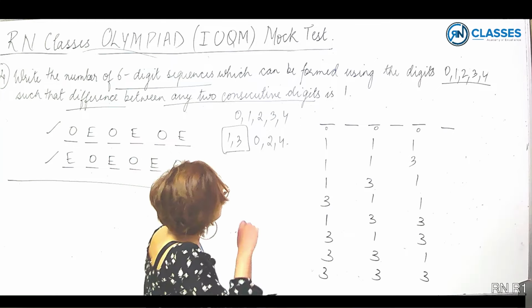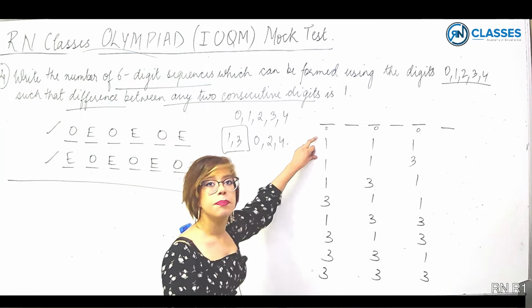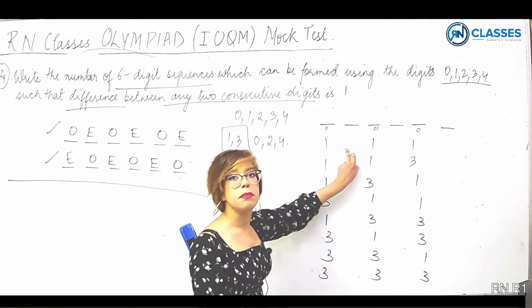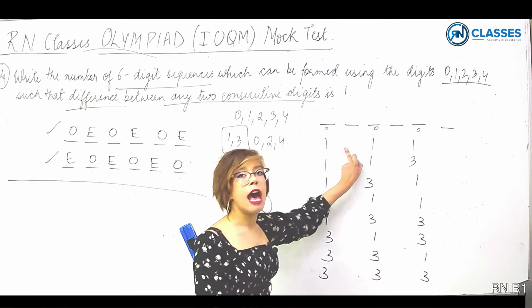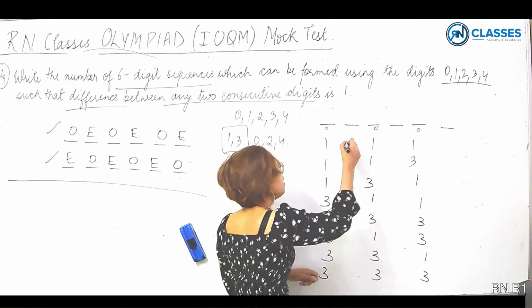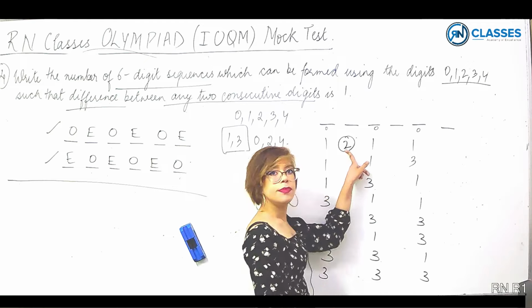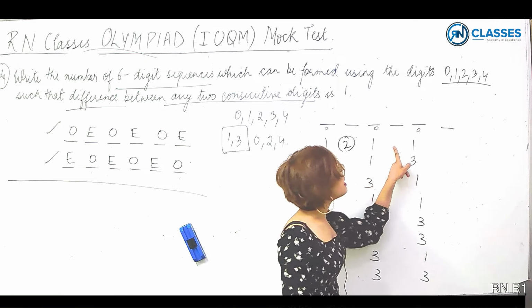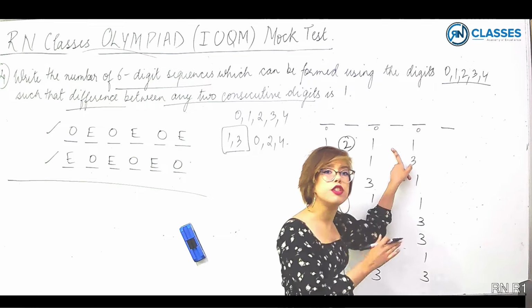Now, let me count the number of sequences in this case. 1, 1, 1. Now, if 1 is coming over here, at the second place I need to fill it. Either I will have 0 or I will have 2. I have just 2 choices to fill up the second place. Now, let's come here. Corresponding to this, in how many different ways can I fill this place? Either I will fill in 0 or 2.